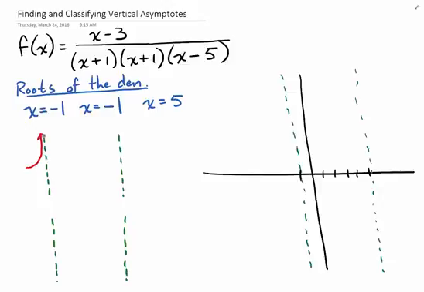We can have the case where it goes up the left side and down the right side, or down the left side and up the right side. These two, notice the graph is going in opposite directions at the vertical asymptote. So we're going to classify these as being of opposite type.